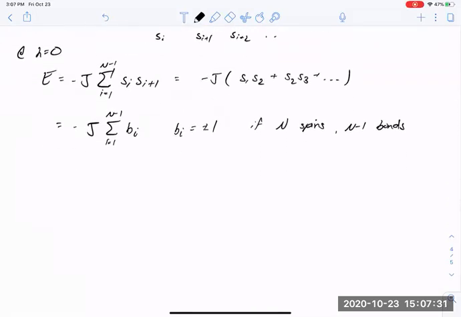And a way to do that would be to note that all the Sis contain the same information as a set of bond variables plus the state of one of the edge spins, say spin 1.